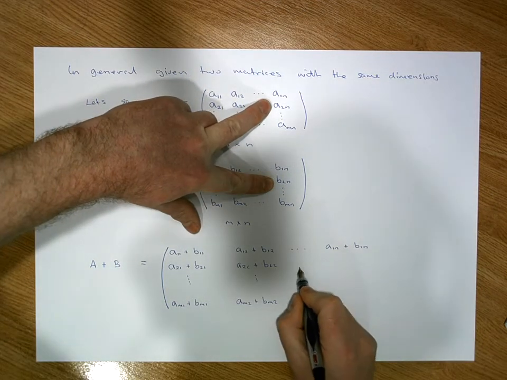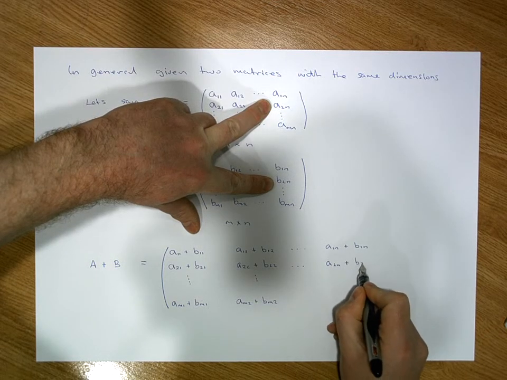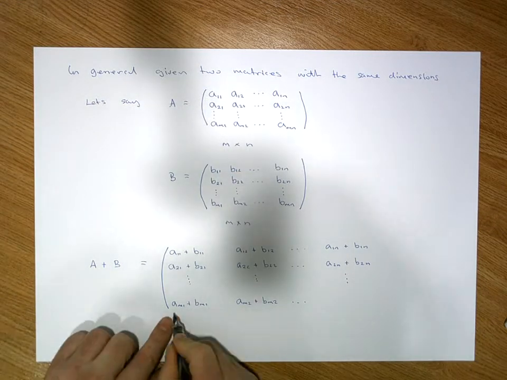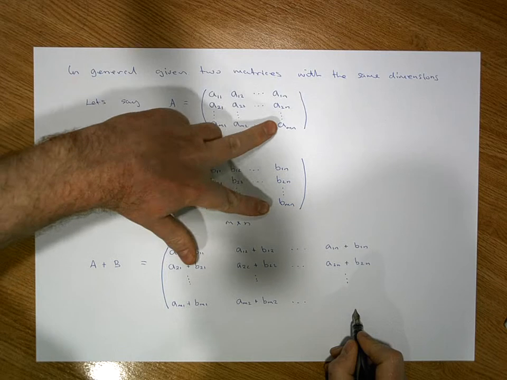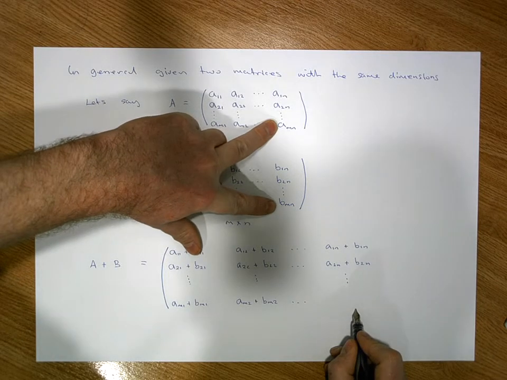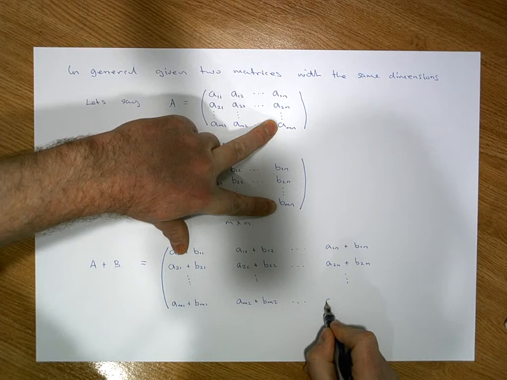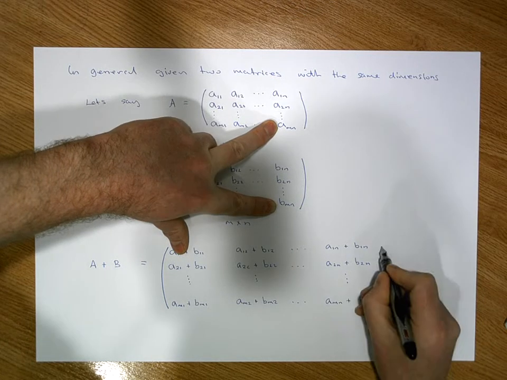It's going to be A2n plus B2n, and so on and so forth. The mth row's entry in the nth column is going to be the sum of both entries on the mth row and nth column from each matrix. So it's going to be Amn plus Bmn.